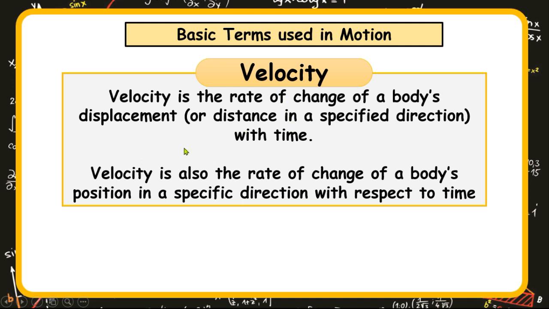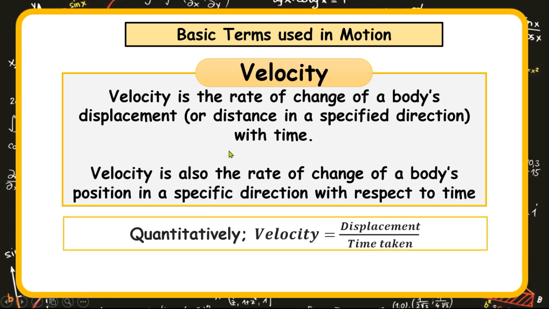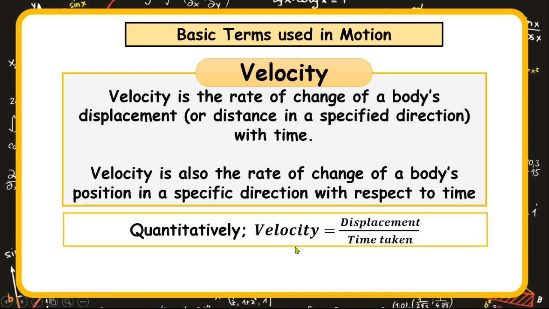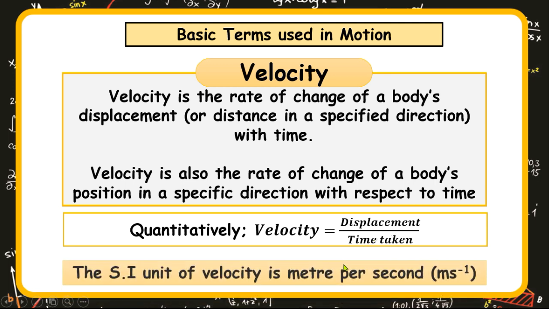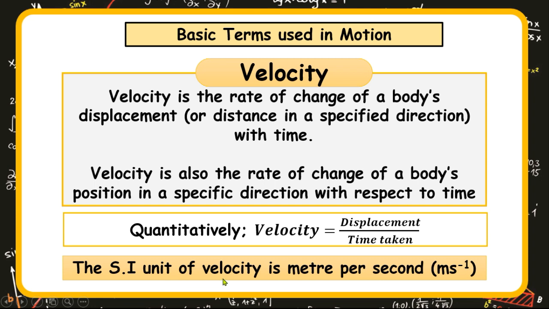Just as when you compare the distance of a body covered with time, that is speed. So note the difference here. So in terms of mathematical expressions, you can say that velocity is equal to displacement over time taken. And the SI unit of velocity is meter per second, the same as that of speed.